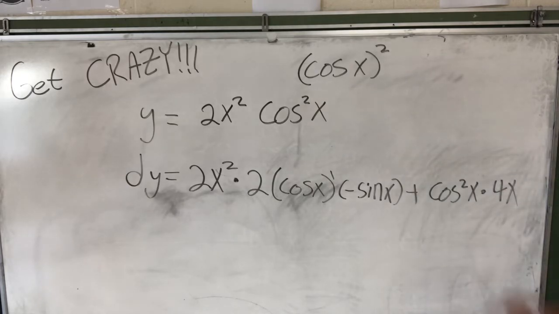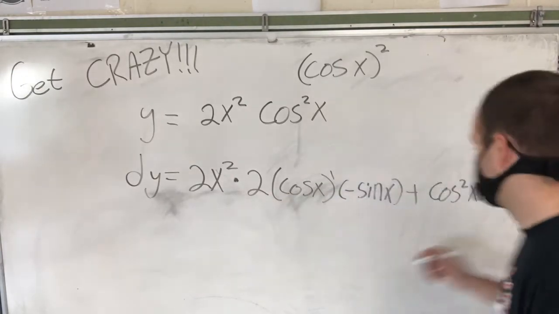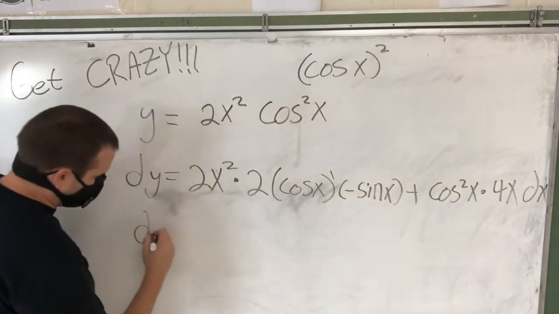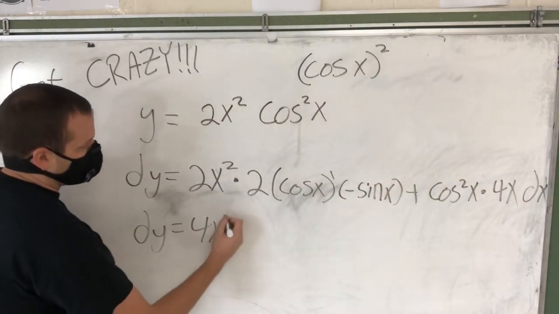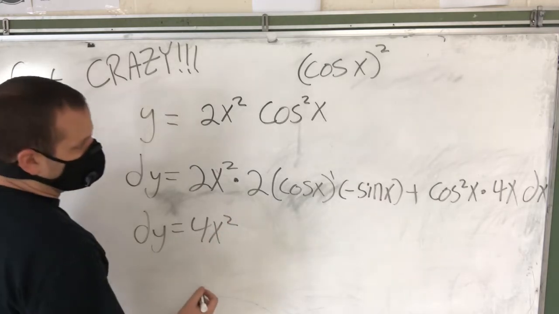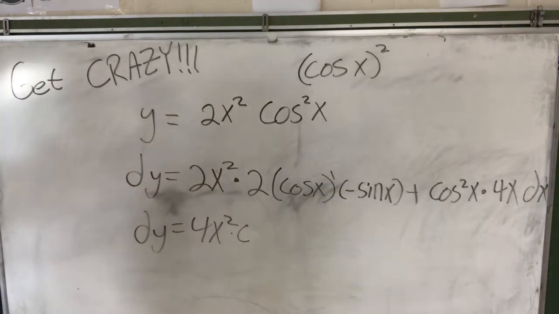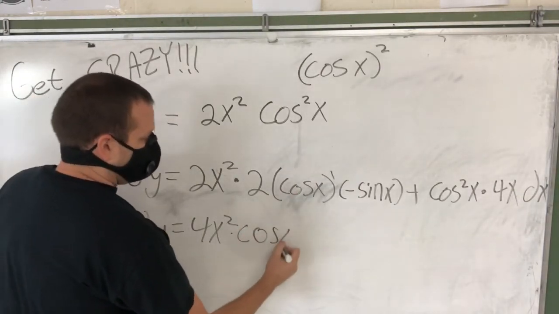Okay. Can I simplify this at all? Maybe a little bit. Okay. Don't forget your dx. So dy equals 4x squared times cosine x.